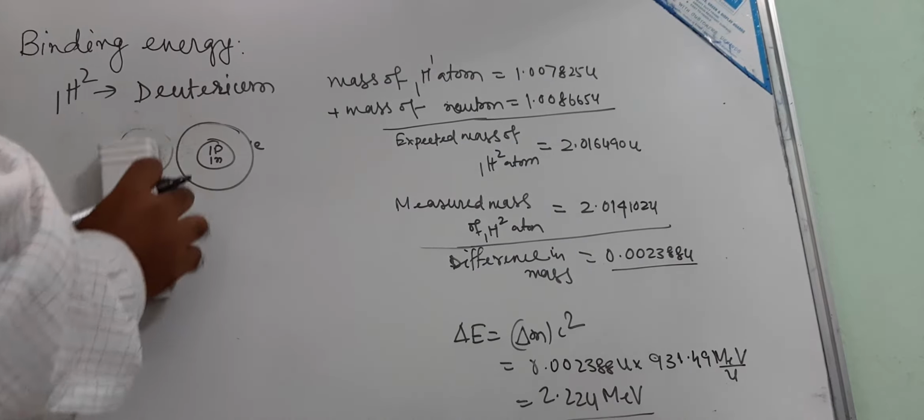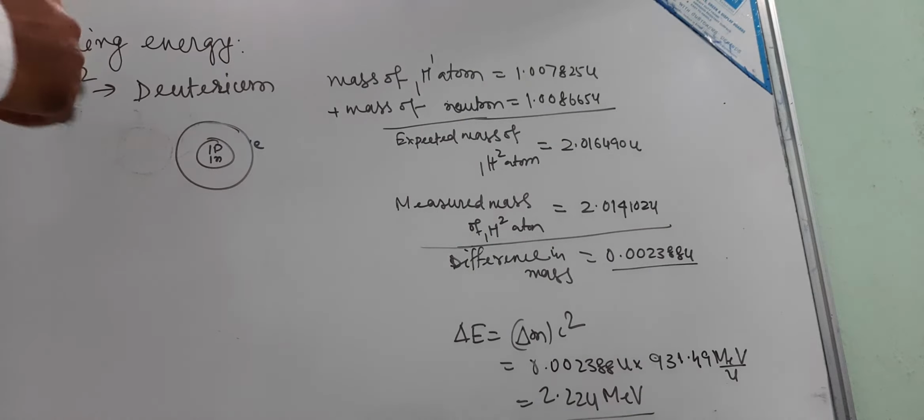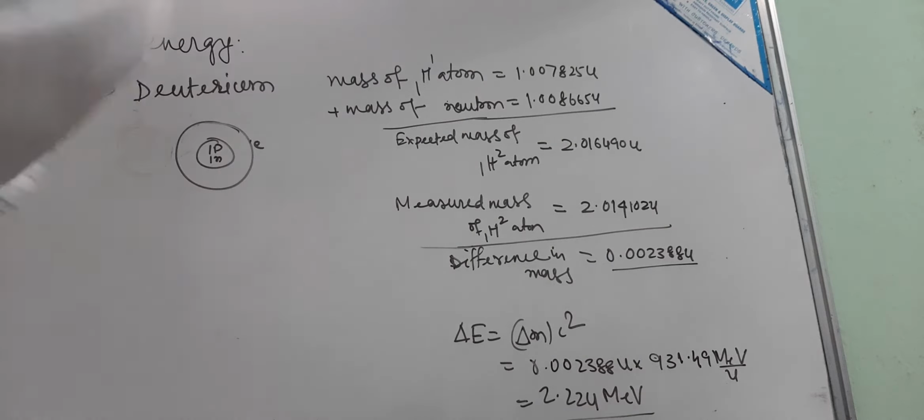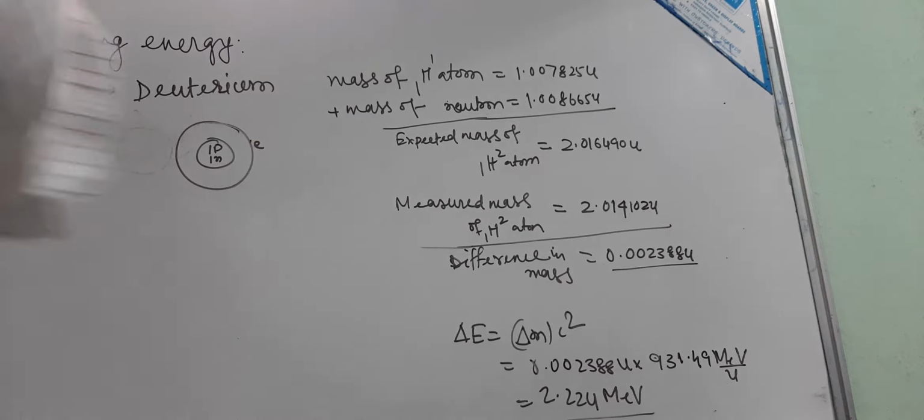So this is the electronic structure of the deuterium.